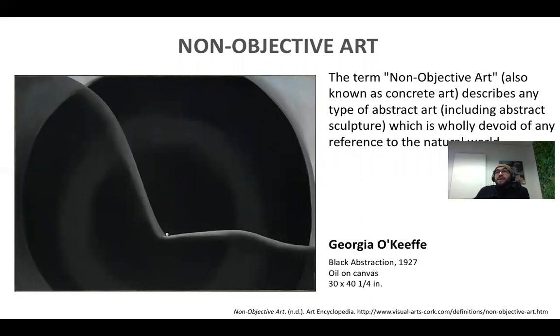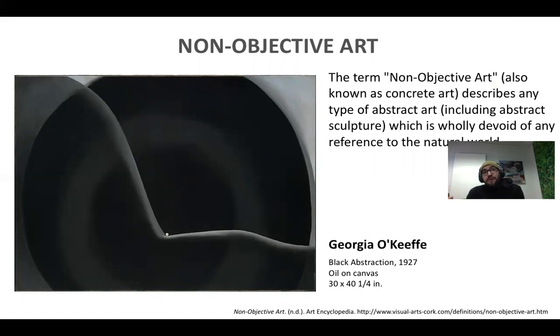We can see that here in this piece by Georgia O'Keeffe, which is called Black Abstraction. She's pretty much letting this be what it actually is. She's creating two large black shapes that interlock with one another, creating a really nice composition.